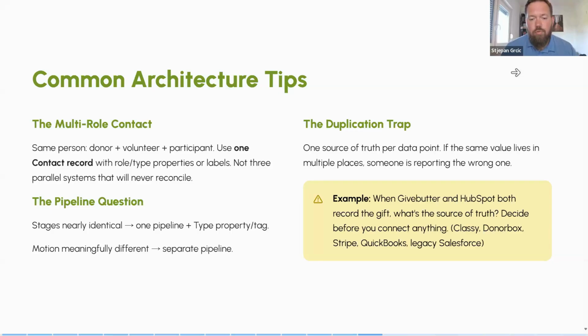What's the source of truth? You need to decide that before you connect anything. The same goes for Classy, DonorBox, Stripe, QuickBooks, legacy Salesforce or other systems. Say we have a Fundraise Up integration with HubSpot. We know the donations will come from Fundraise Up, and that's our source of truth. But whenever there are two systems, make sure you know which one is the one that lands and where it needs to land.